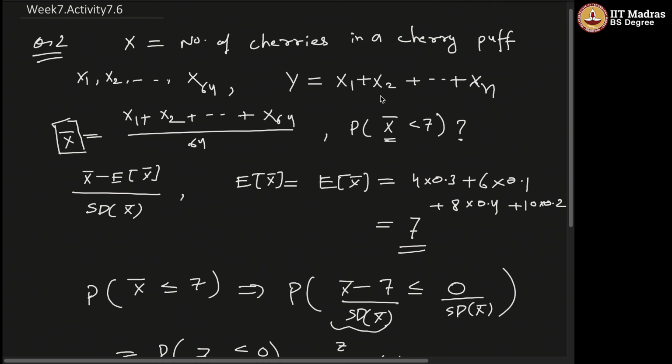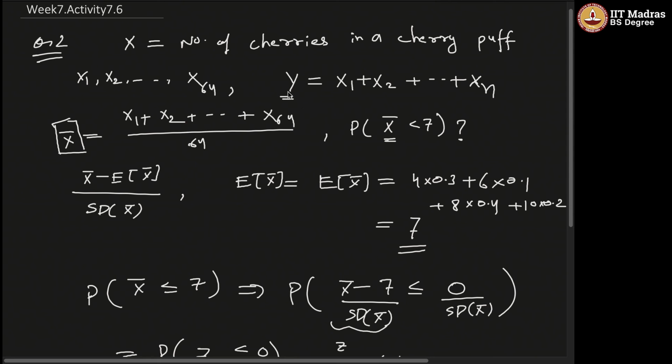And in this, when you centralize this y, you have to take the expectation of y and then divide by the standard deviation of y. So expectation of y here won't be simply expectation of x, because y is not the average or the sample mean here.